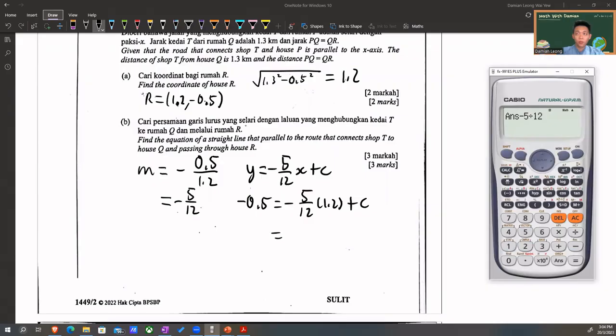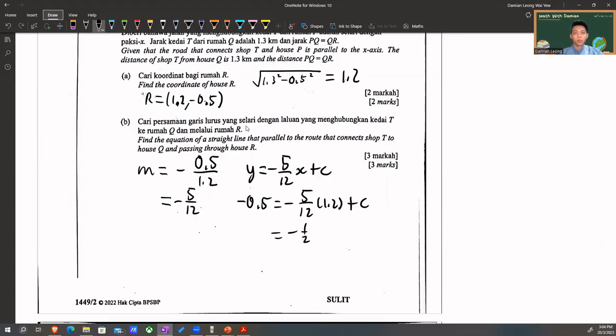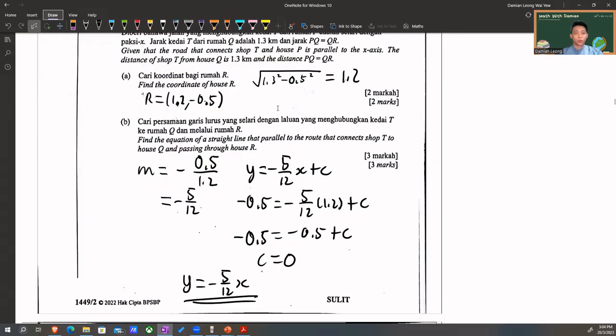Negative 5 over 12 times 1.2 is negative half. Yeah, which is negative 0.5 plus c. So if I bring over, basically c is 0, because negative 0.5 minus negative 0.5 is 0. So c is 0. So the equation is y equals negative 5 over 12 x. There's no plus c because c is 0. That's question 6.